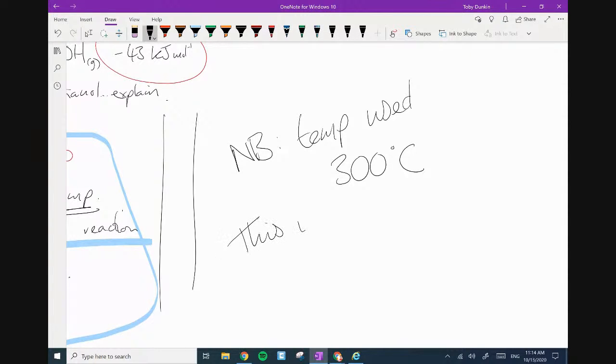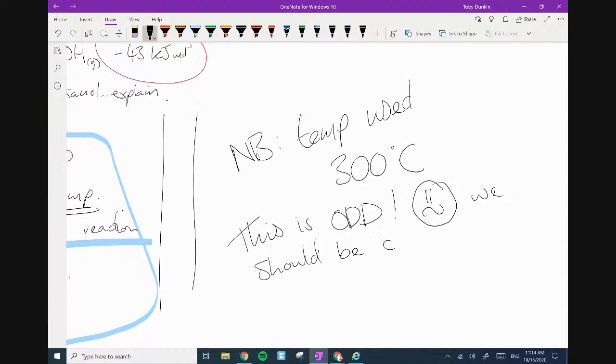This is odd. Why is it that we should be going cold? We should be cooling this reaction.